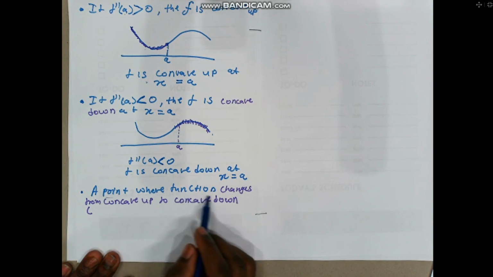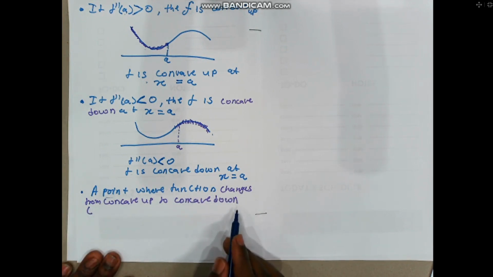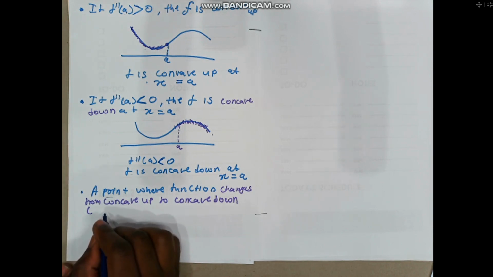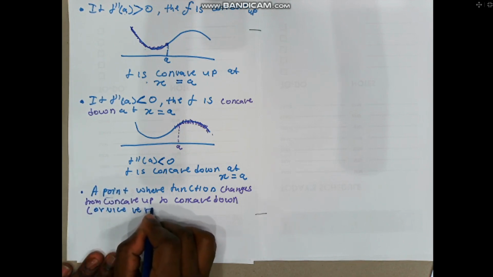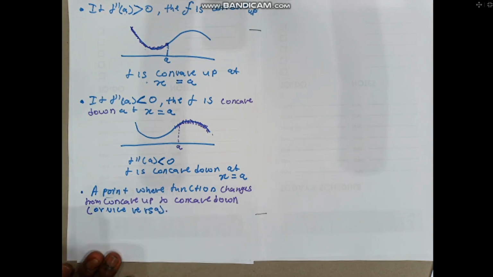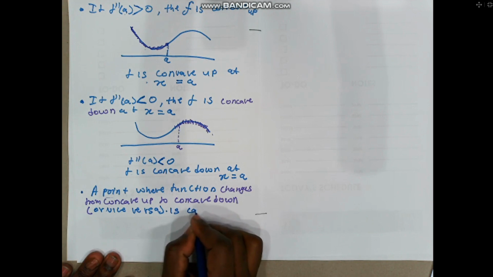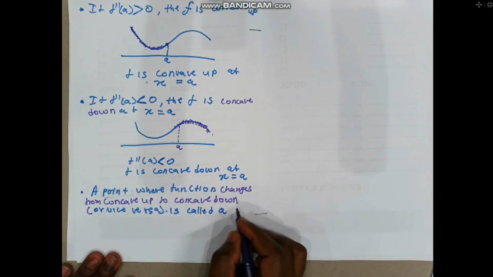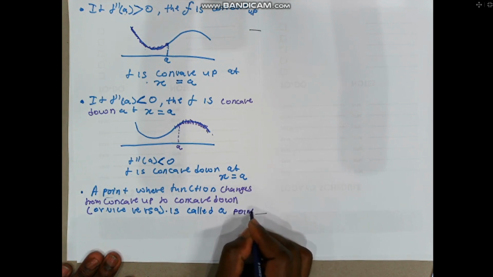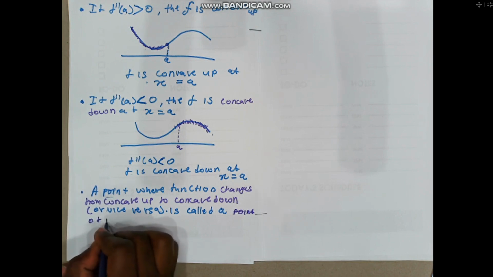The point where the function changes from concave up to concave down, or vice versa, this is called a point of inflection.